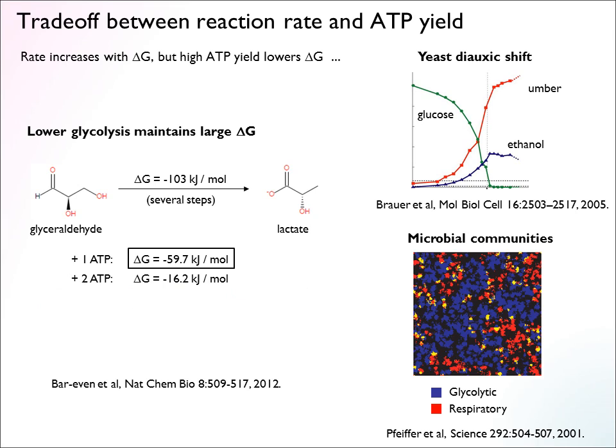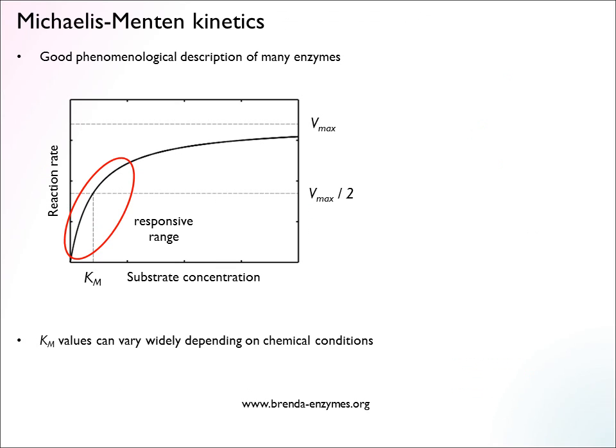So this is a bit controversial, and there are certainly lots of other theories and potential explanations for aerobic glycolysis. But it's clear that there is a trade-off between reaction rate and yield of ATP. Or in any other situation, there is a trade-off between reaction rate and yield of anything, really, that you use energy for. So this is a fact that's important to know about.